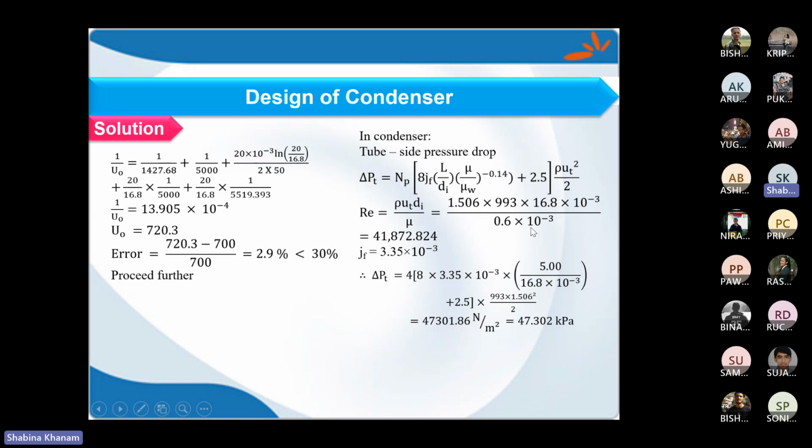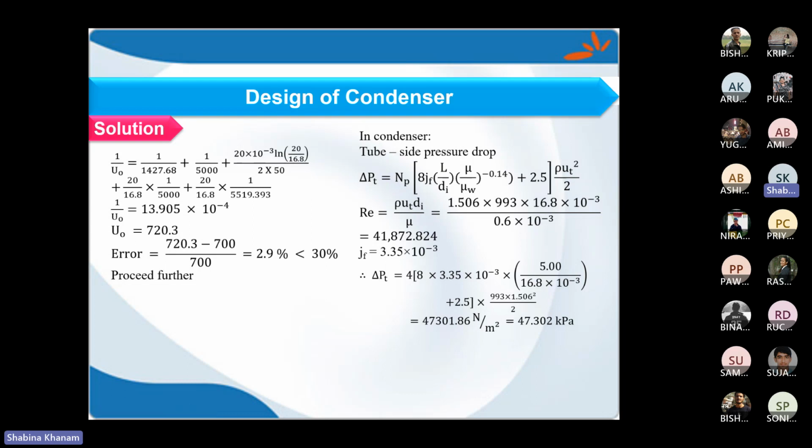The only thing you need to keep in mind is that when you are considering capital L for tubes, it should be total length, for tube side only.